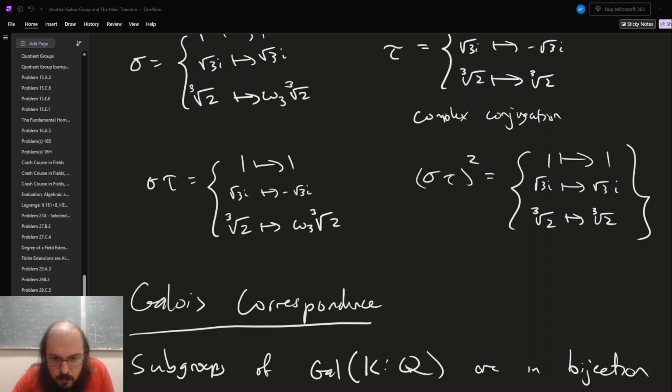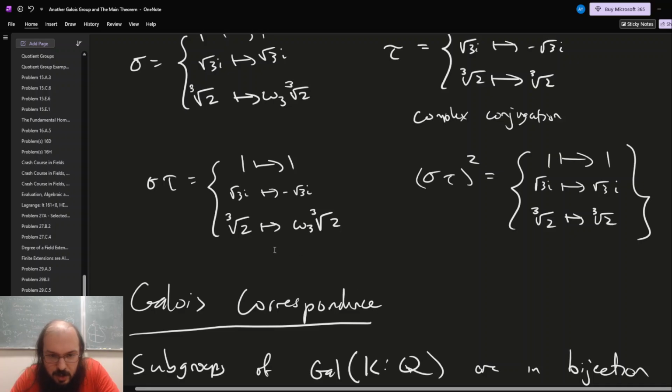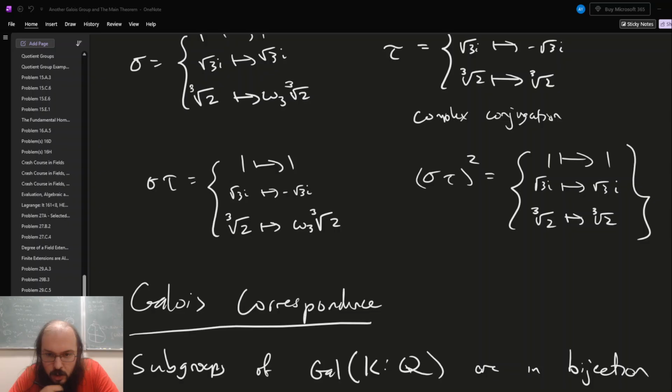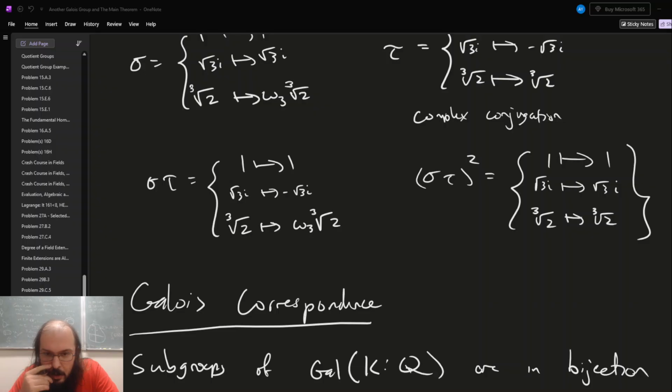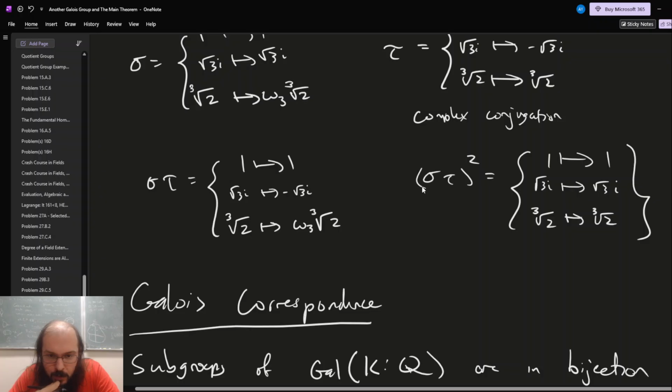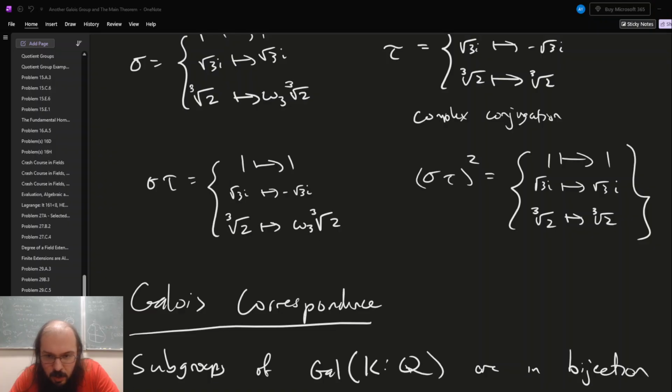We know that sigma tau does this to the generators. So basically what we should do is look to see if we can spot a combination of these that we can then check will be preserved. And it's clearly not going to work with omega 3 by itself.